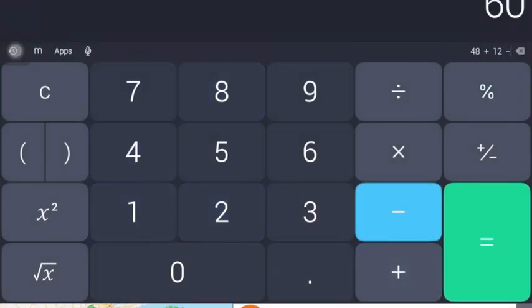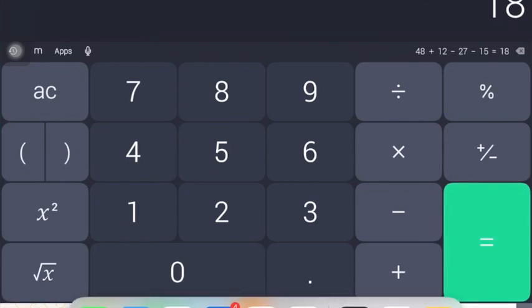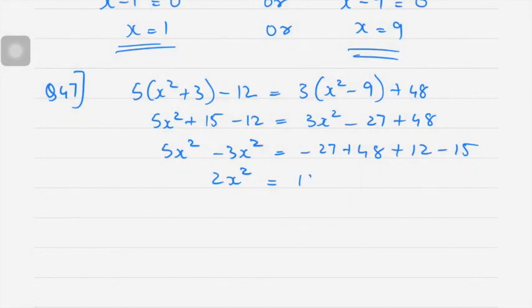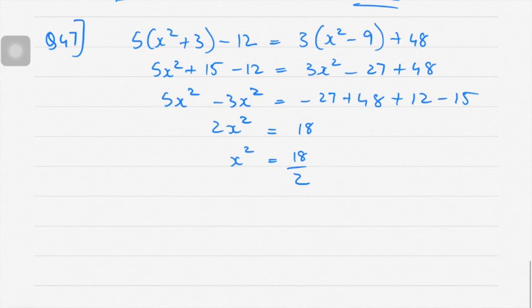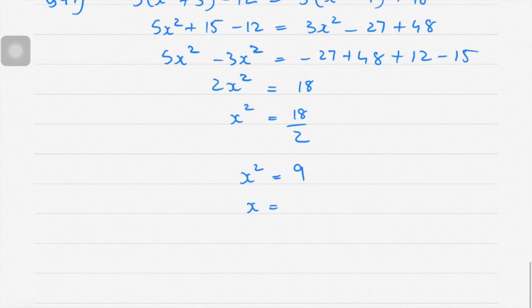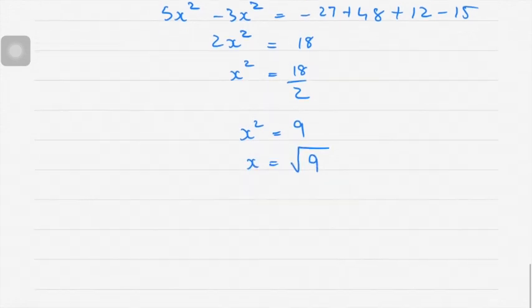How much does it come to? 48 plus 12 minus 27 minus 15. It comes to 18. Okay. So that means x square is equal to 18 by 2. So x square is equal to 9.